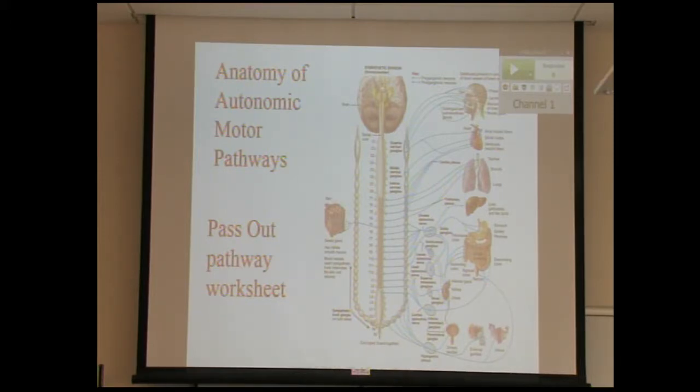So that'd be like any of the dark lines that just went straight through the trunk, because if you didn't become dotted, you didn't have a synapse. So all these ones going to the intestines, it came from T5, went straight through the trunk, and it met a ganglion there. That'd be the second way.